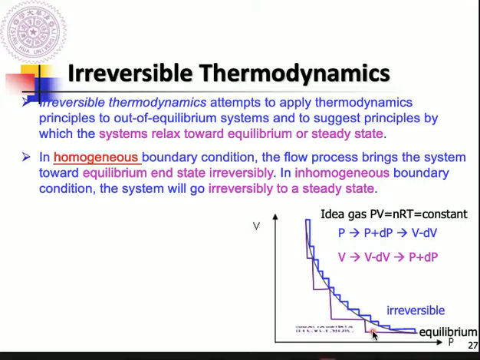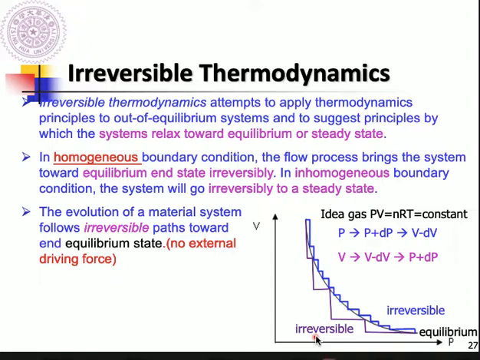The purple one is also an irreversible path. So this irreversible path involves the external driving force. The external driving force pushes this system out of equilibrium, then release, then back to equilibrium.